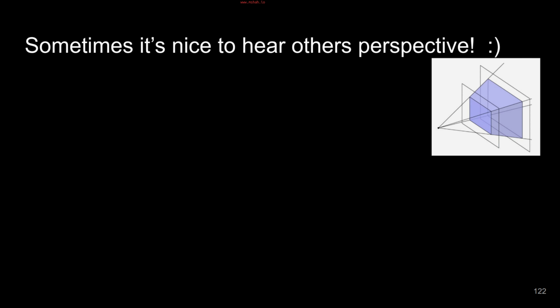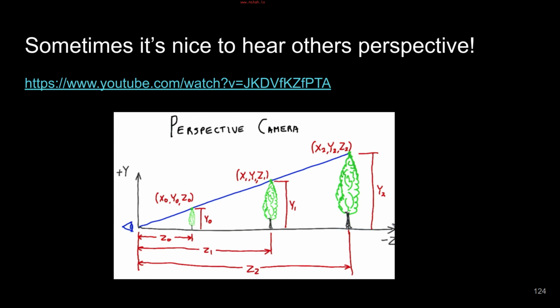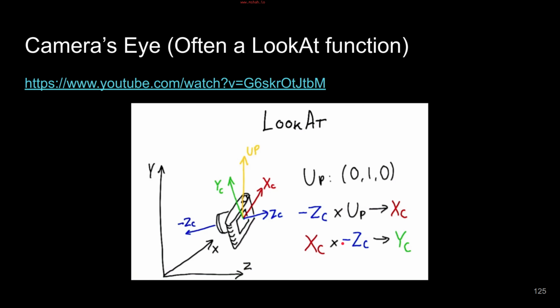Okay, so wrapping things up here with a few videos, because it's nice to hear or see others' perspective. I've been talking about perspectives. Here are a few more examples, just talking about and illustrating the perspective camera. This is a nice one, talking about the eye and how for objects that are further away, we can divide by the z distance to create perspective and the height.